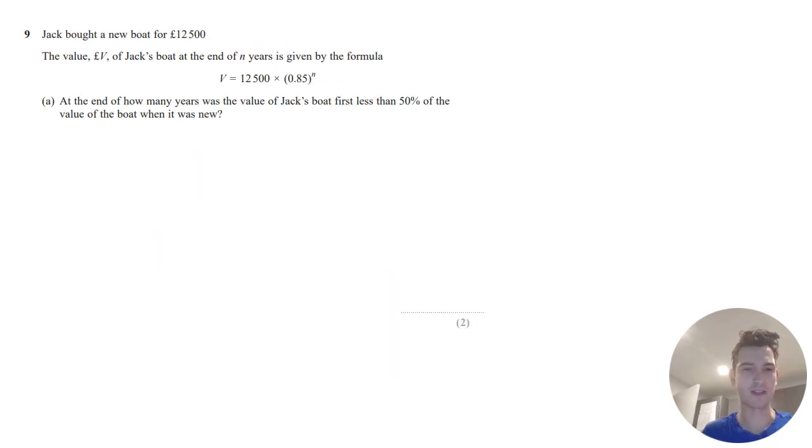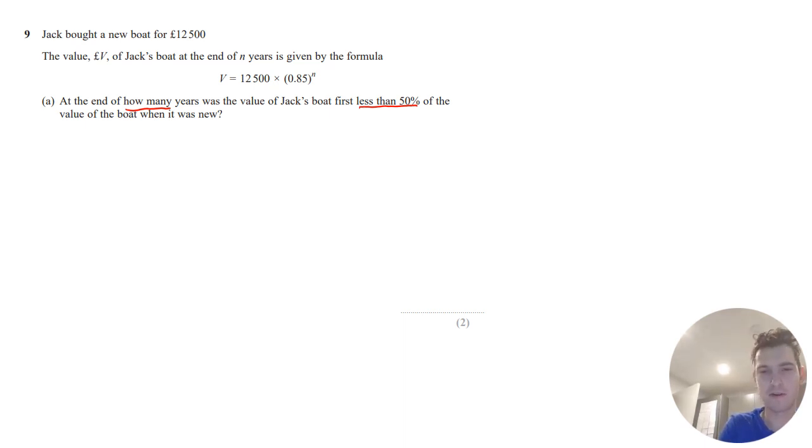Okay, question 9. Jack bought a new boat for £12,500. The value V of Jack's boat at the end of n years is given by this formula. At the end of how many years, so my answer needs to be a number of years, was the value of Jack's boat first less than 50% of the value of the boat when it was new?